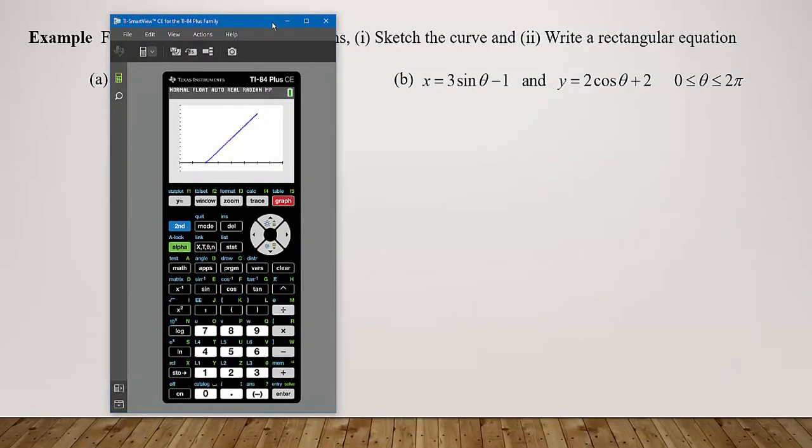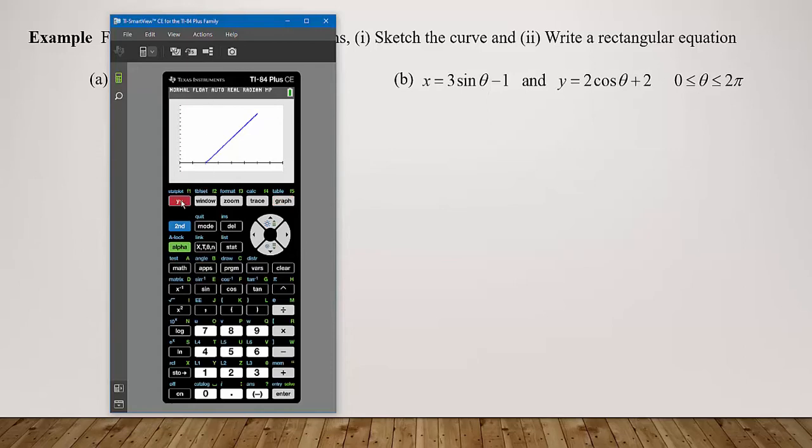So here's the deal, folks. Your parameter doesn't always have to be a t. Here the parameter is theta. But when I'm in parametric mode, the calculator always considers the parameter to be t.